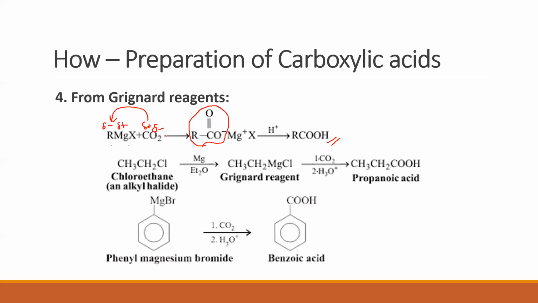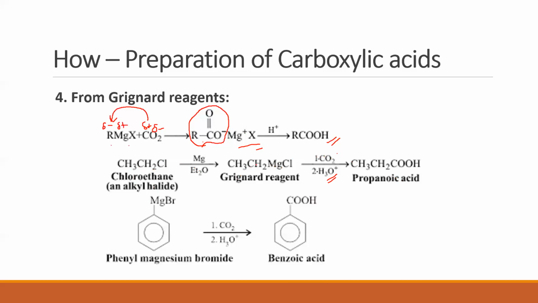I've given a couple of examples so that you can understand. This is chloroethane or ethyl chloride, where it reacts with magnesium. We know it forms ethyl magnesium chloride, which is a Grignard reagent. This is made to react with carbon dioxide in the first step to form this adduct. In the second step, it is made to undergo acid hydrolysis to give us propanoic acid.